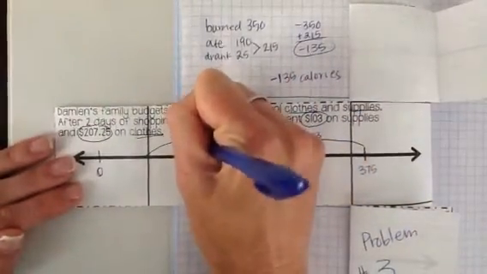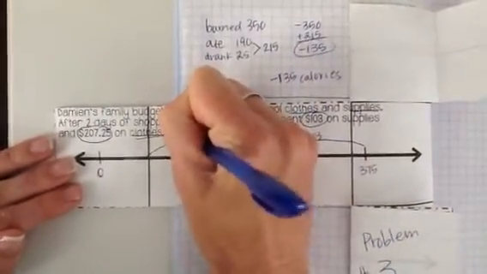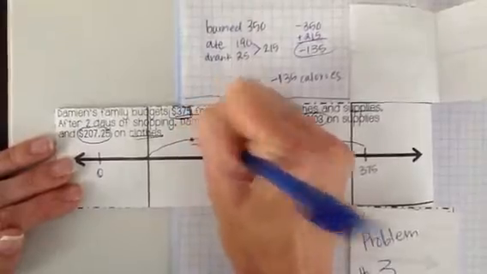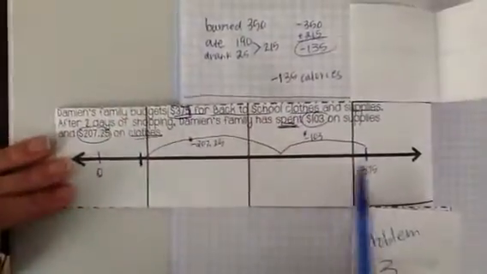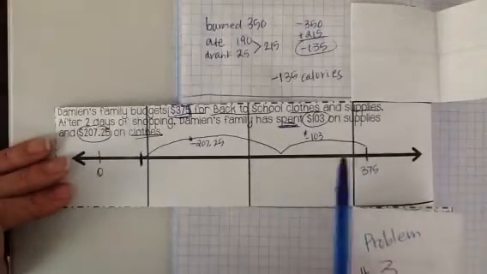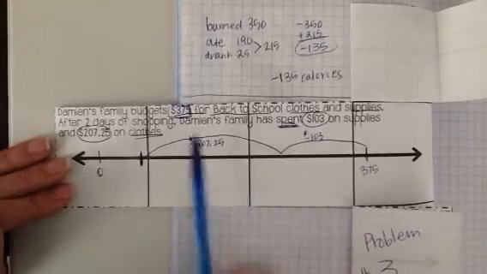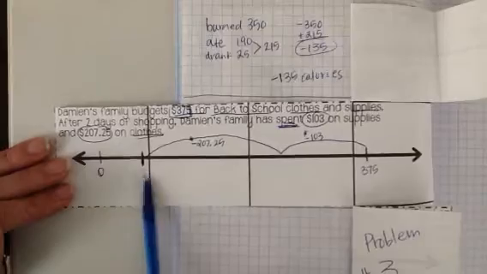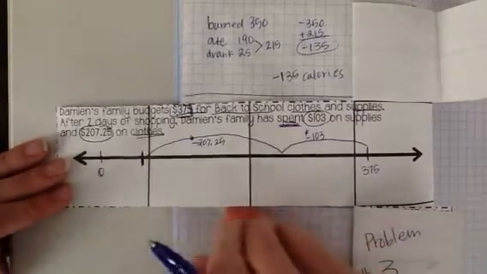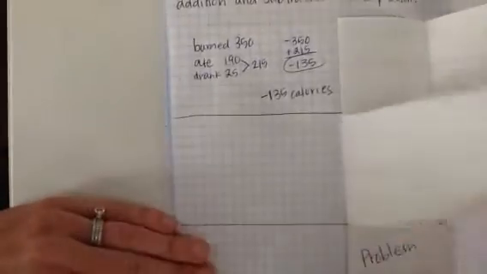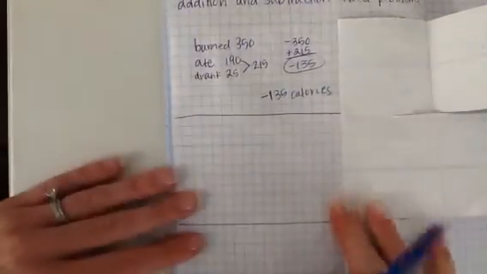This is taking away 207.25, and that's going to land us somewhere in here. If we used a calculator, we could just say 375 minus this, and that's going to give us where our landing spot is. So let's flip this over, do the calculations, and then we can put our final answer back on the number line.